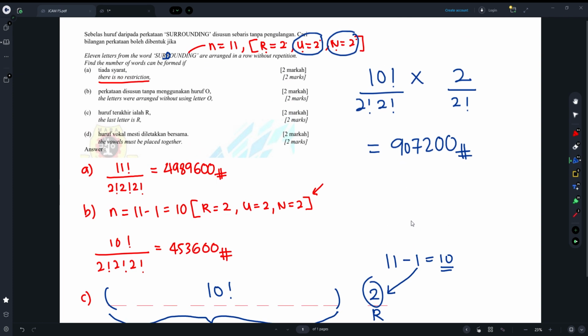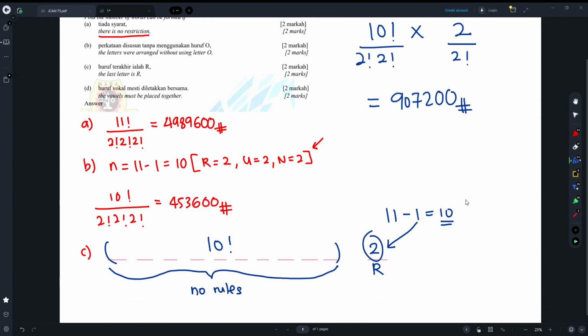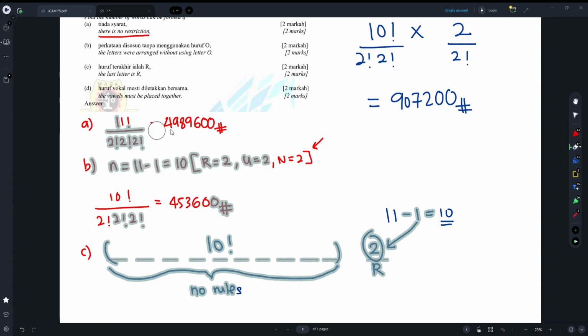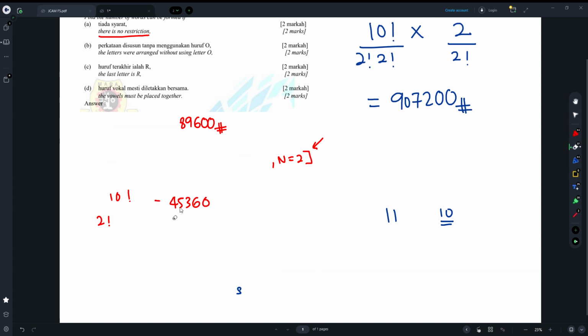So let's move on to part D. In order to do part D, I'm going to erase some of my earlier workings so that I can have some space. So part D, they are saying they want the vowels to be placed together.